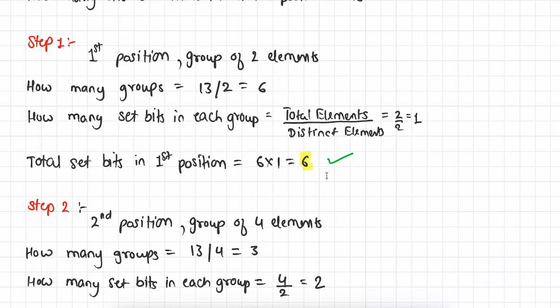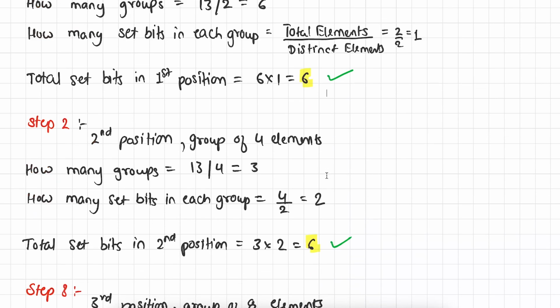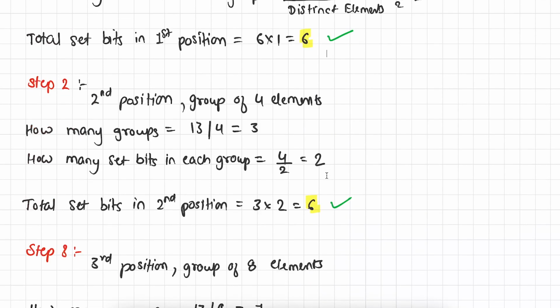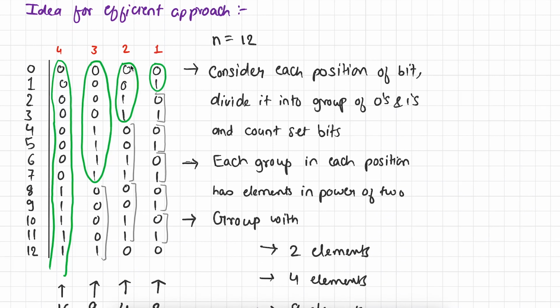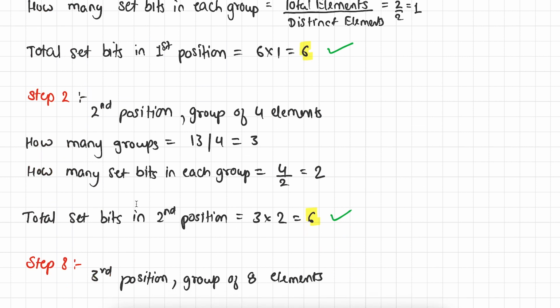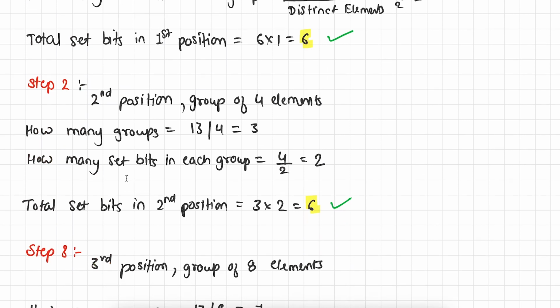Now let's move on to the second position. In this position, we have to find groups of 4 elements. How many groups of 4 elements are possible? It's simply 13 divided by 4, which is 3. You can see that 3 groups are possible in the second position. Now, how many set bits in each group?